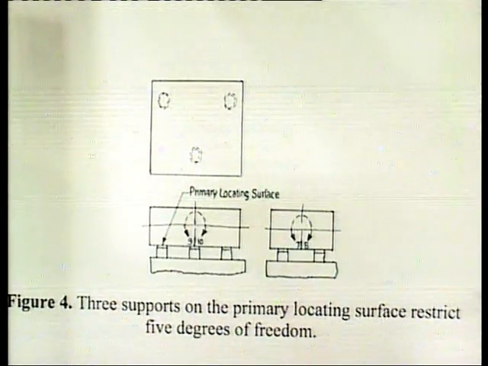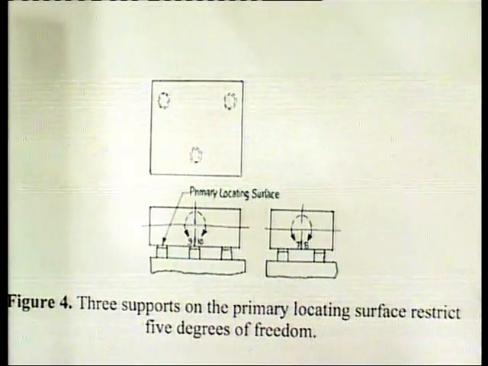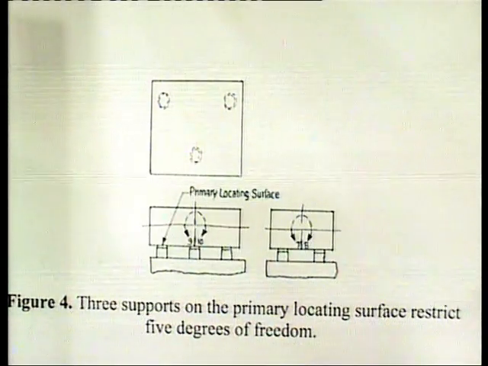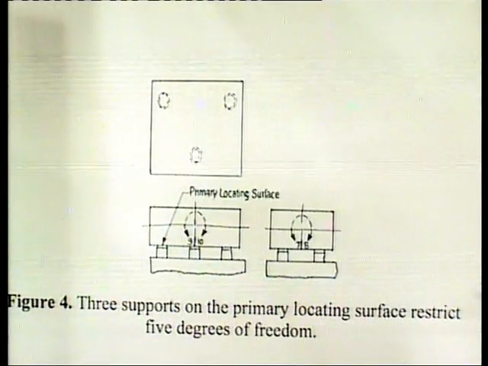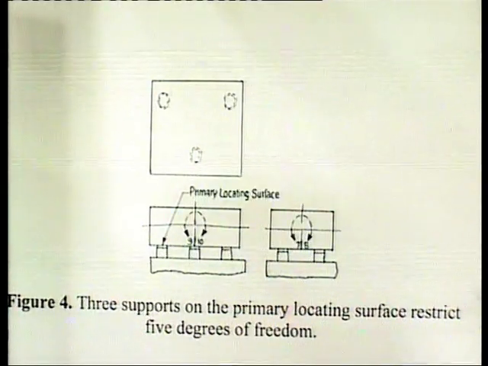3 locators are usually positioned on the primary locating surface. This restricts axial movement downward along the minus z axis.